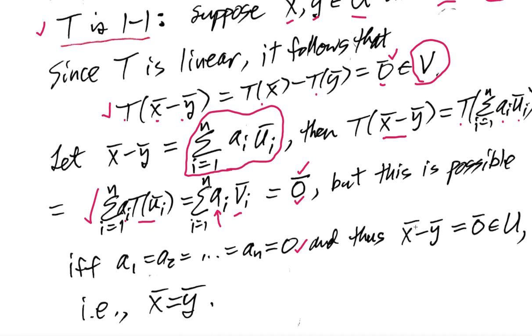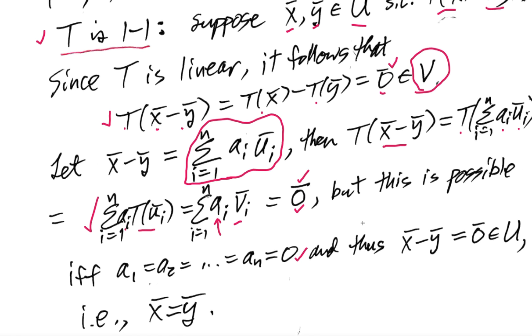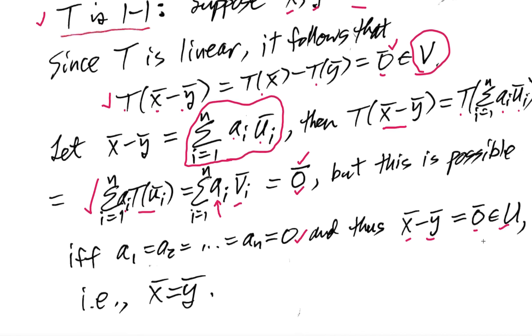But where did those a's come from originally? Those a's were the scalars on the u sub i's representing x minus y, or x bar minus y bar. If all those are 0, this means x bar minus y bar is the 0 vector in the vector space U. So in other words, x and y have to be equal.